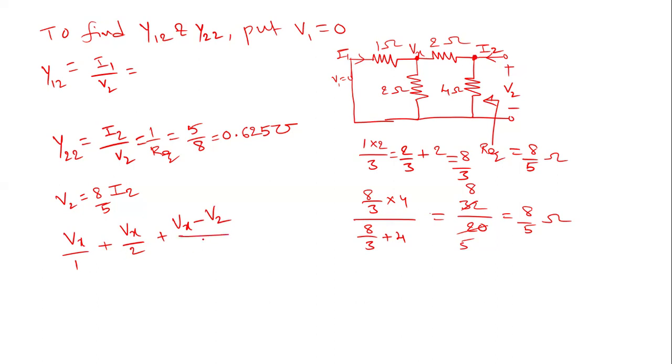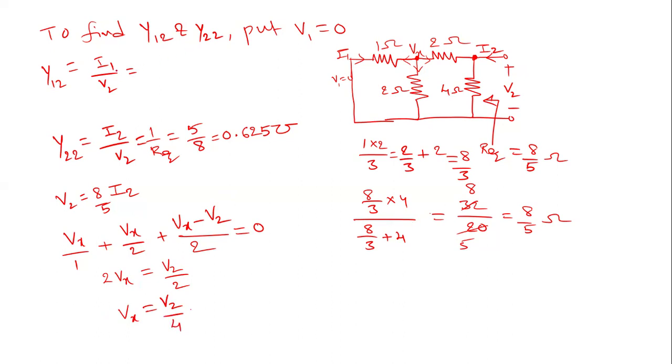All the currents are leaving from this node, so this is equal to 0. So Vx by 1, Vx by 2 plus Vx by 2 gives 2Vx equal to V2 by 2. So Vx is V2 by 4.